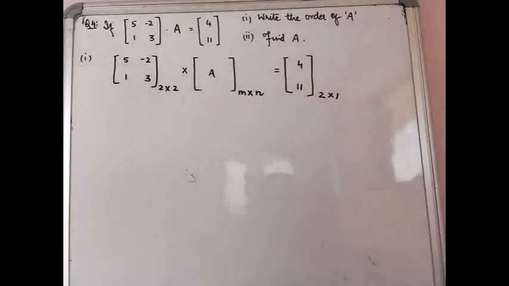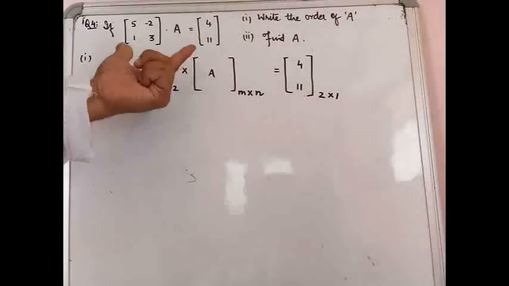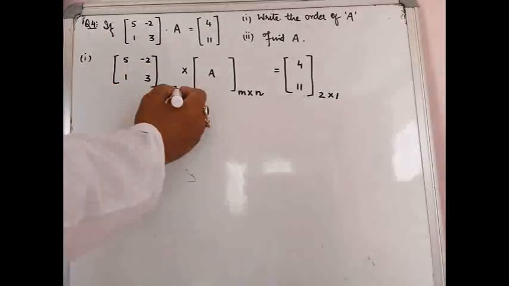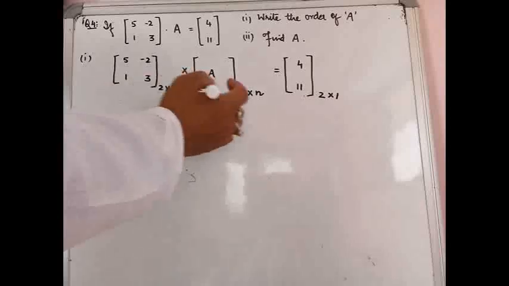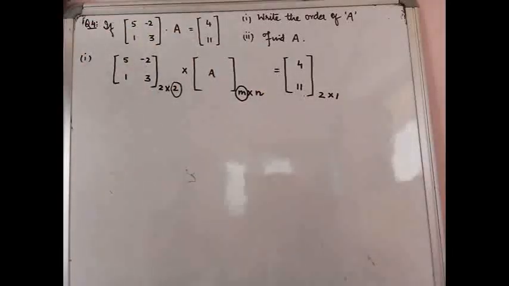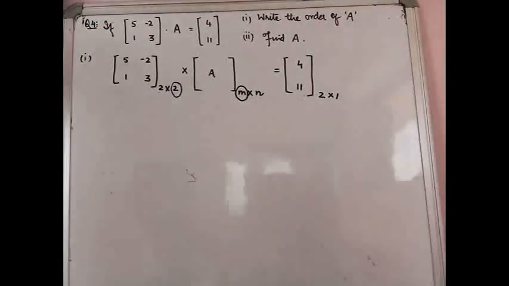Now recall very quickly, when can two matrices be multiplied successfully? When the number of columns of the first matrix and the number of rows of the second matrix match. Only then is matrix multiplication possible.